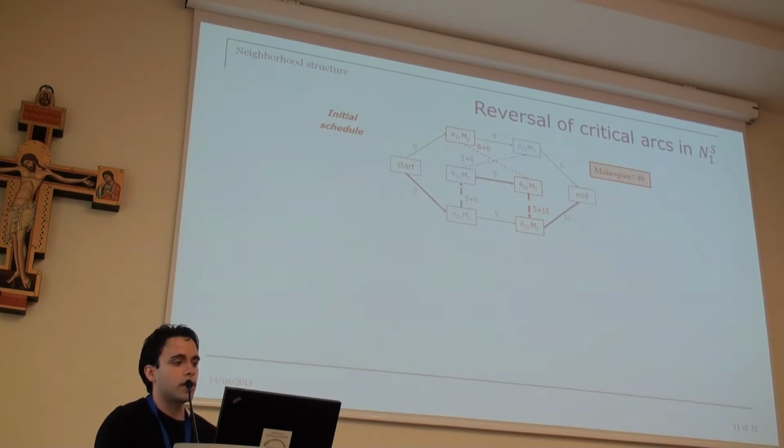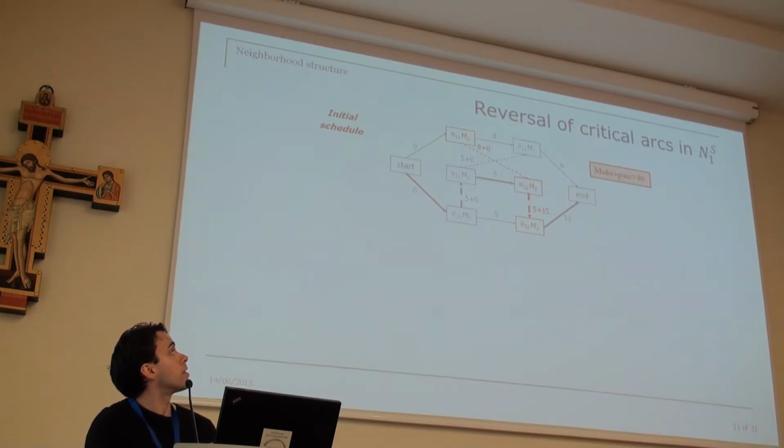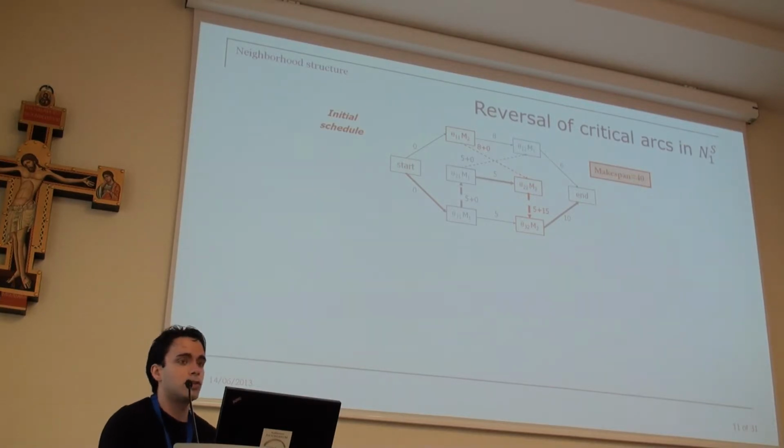So here we have a small example with 3 jobs and 2 machines, and the critical path marked in bold, with a makespan of 4. So we have to consider the reversal of the critical arcs in that path.